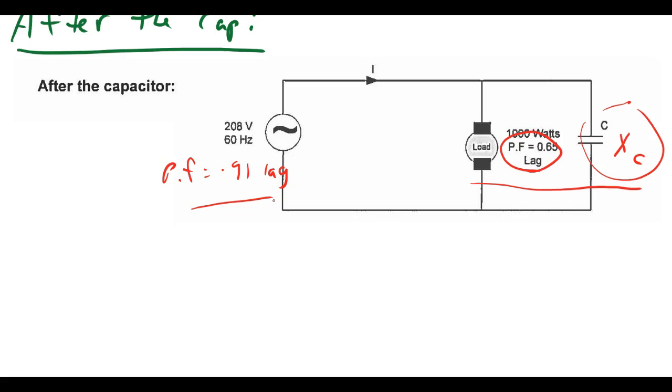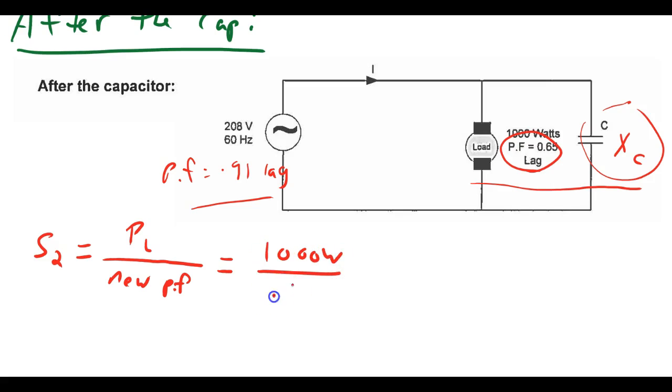And so if we think about now, after the capacitor, we will have S2. And S2 will be equal to the power of the lighting load divided by what we might refer to as the new or overall power factor. And so we have the 1000 watts divided by 0.91, which is the new power factor.